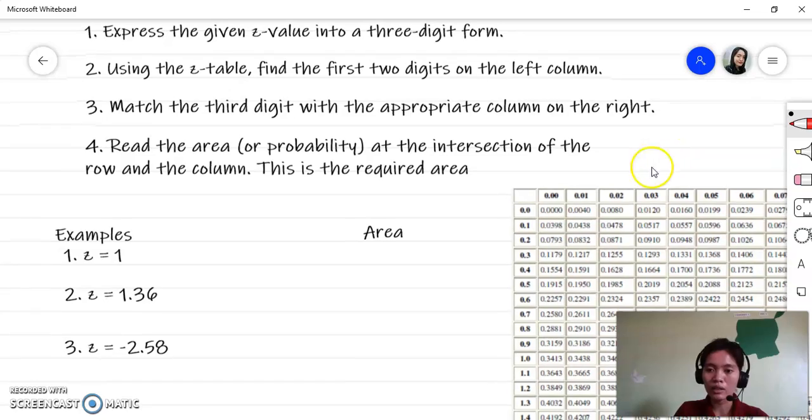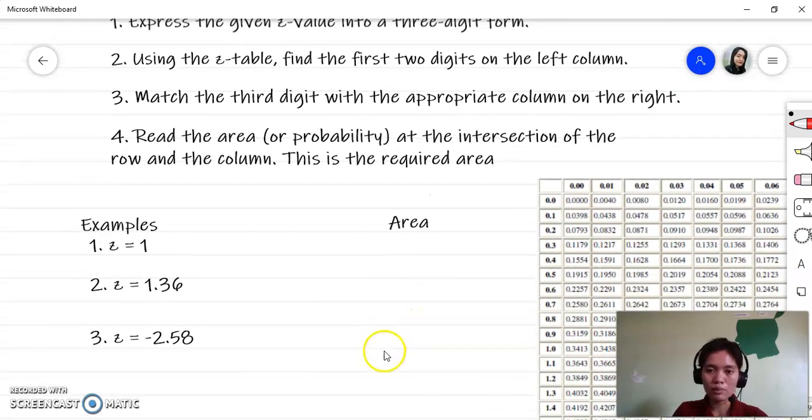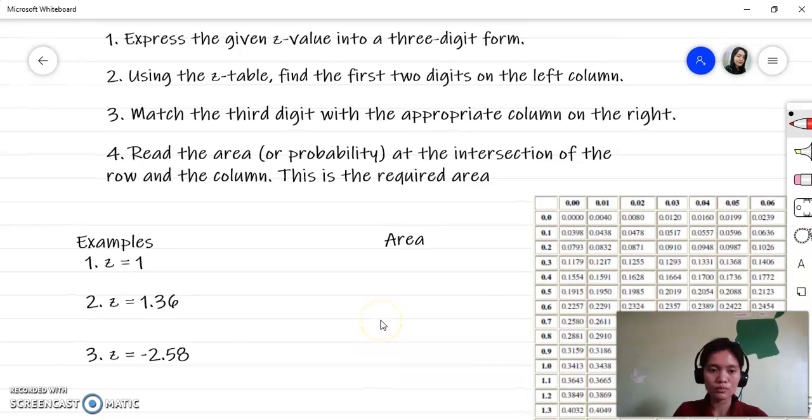So I have here our examples. Example number 1, you have z equal to 1. Follow the steps. Number 1, express this z-value into a 3-digit form.